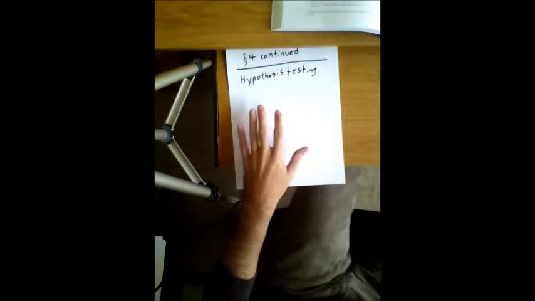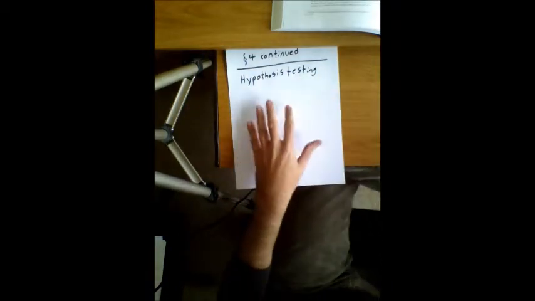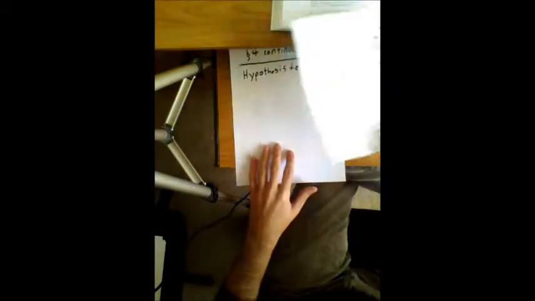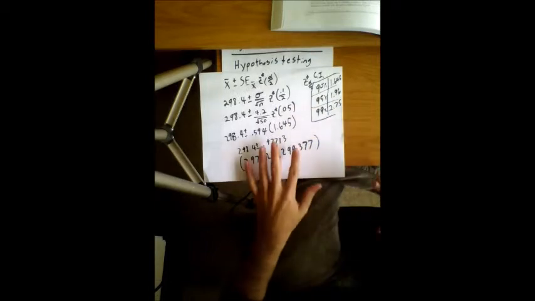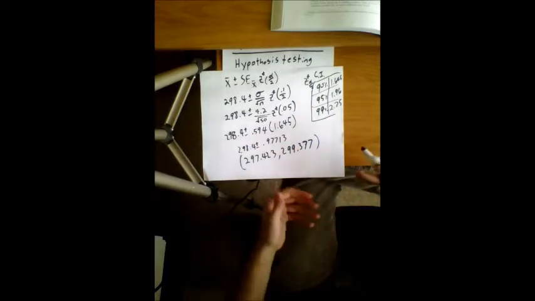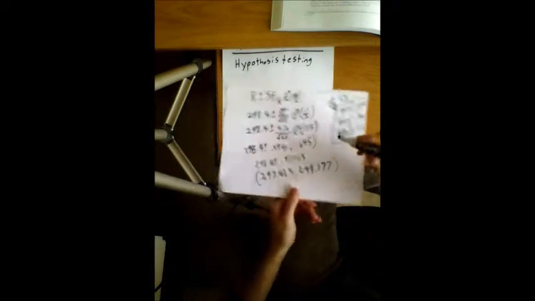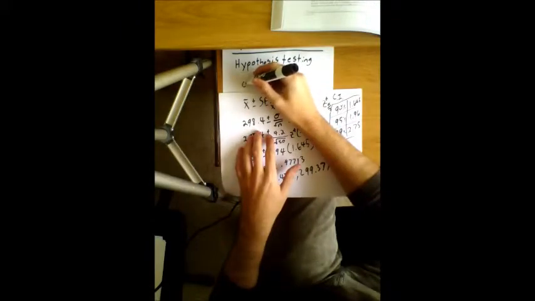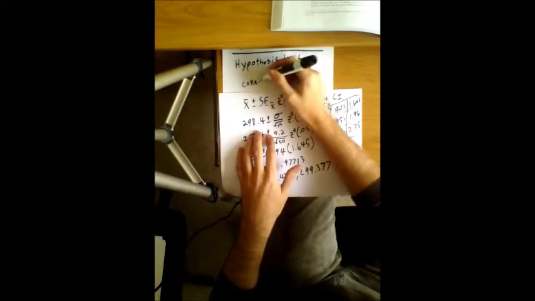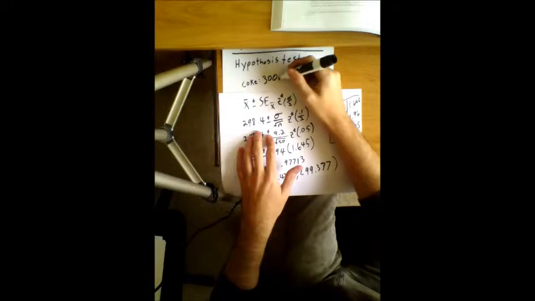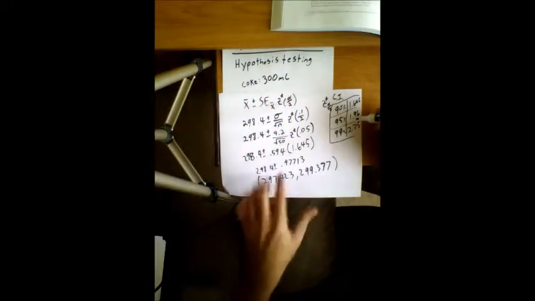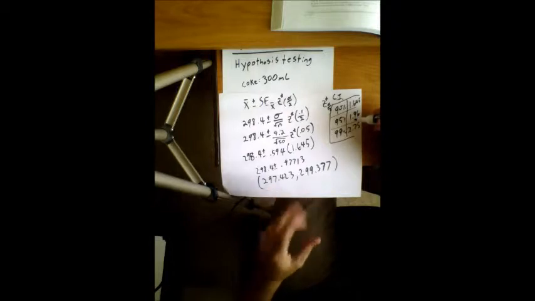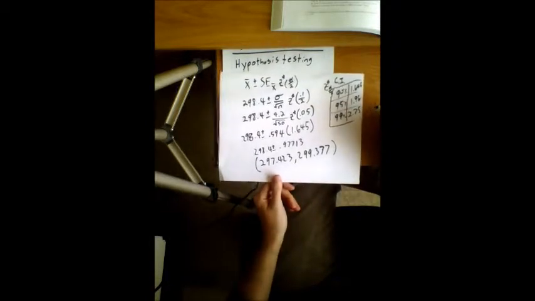And maybe the best example I can start this off with, if you remember from last week, we had looked at something like this. We had just been given this information that Coke claims 300 milliliters are in every single bottle. And we worked it out. We found a confidence interval.